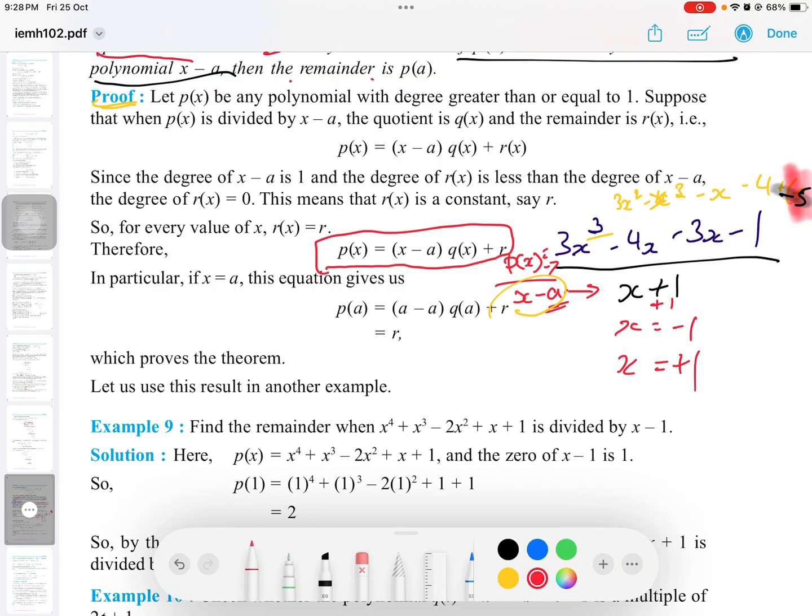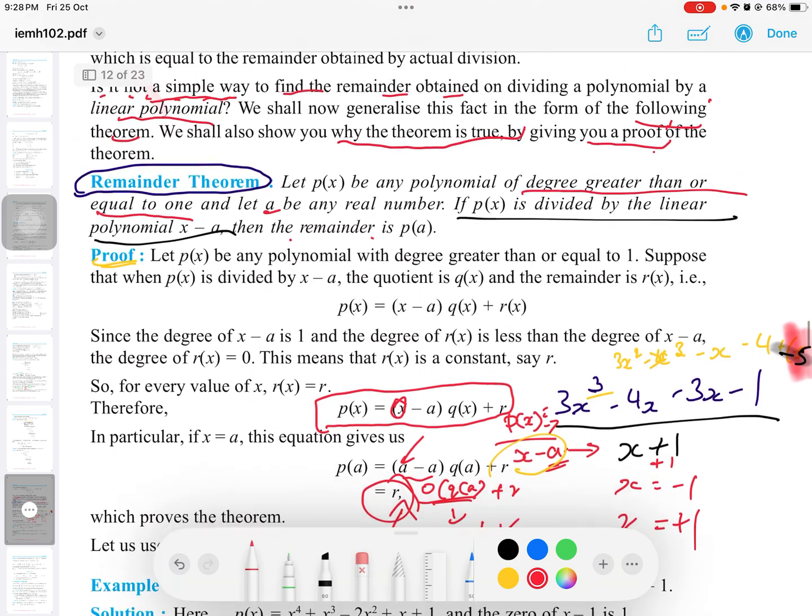But if in the x value we're substituting a, and a minus a, you're gonna get 0, and 0 times anything is gonna be 0. So this obviously gonna become 0. 0 plus r, you get r, and that's what they have given.